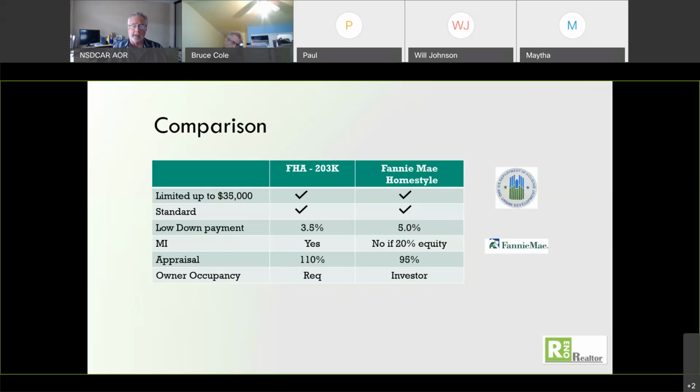What you could do is think about converting this loan to 203K. Now you qualify for 110%, which gets you over that hump, and that transaction can move forward. We can certainly talk about how that works offline. Fannie Mae is at 95%. Another distinction between the two is owner occupancy is a requirement for the 203K. Fannie Mae does have some options where you can work with investors.